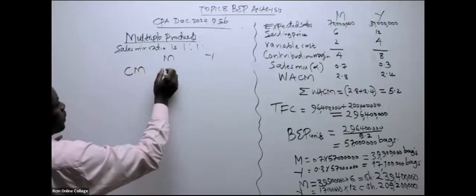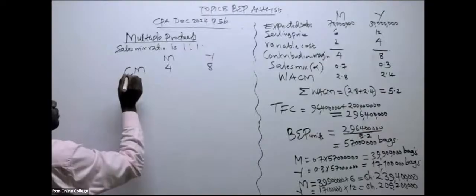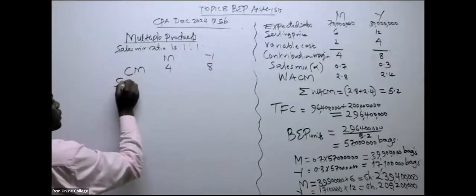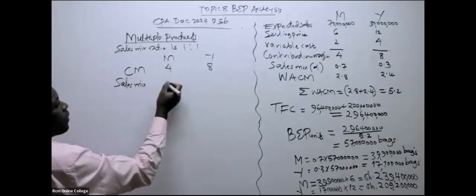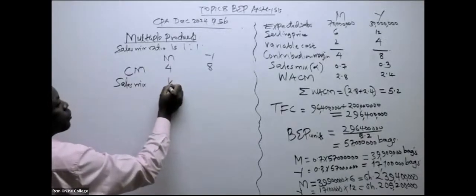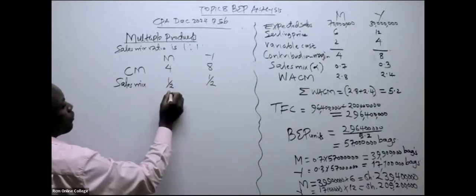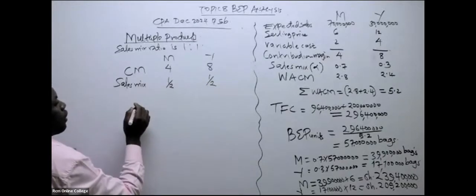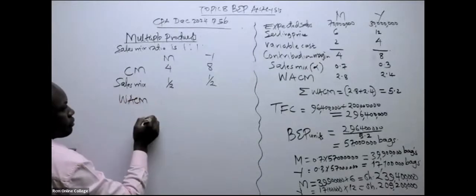It is not affected. I have 4, I have 8. Then my sales mix ratio, or alpha, is now 1:1. That is 1/2, 1/2, the same as 0.5, 0.5.